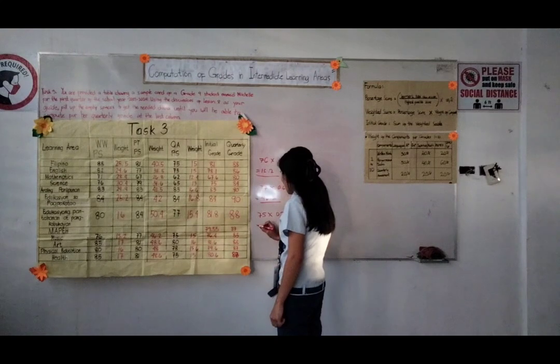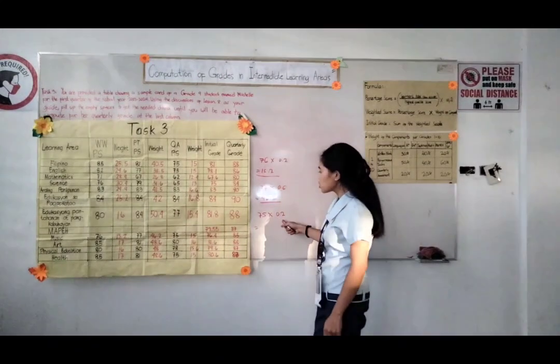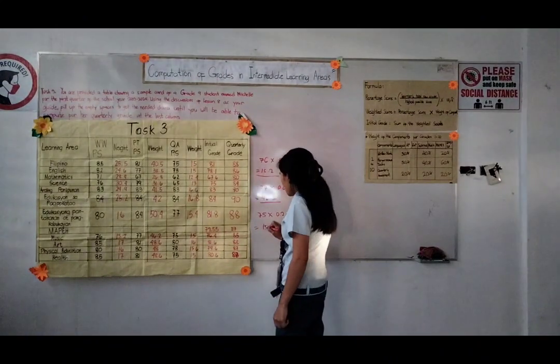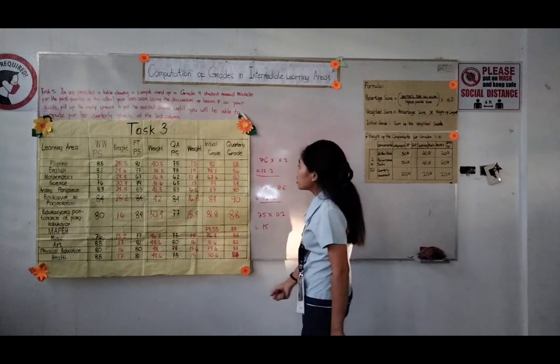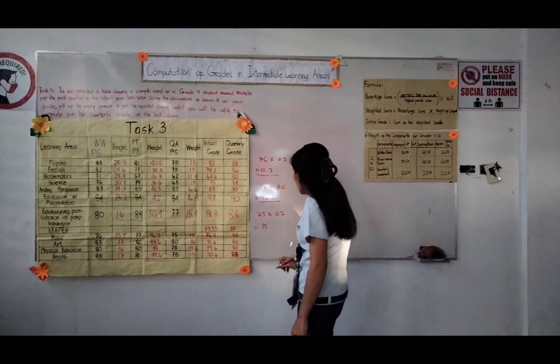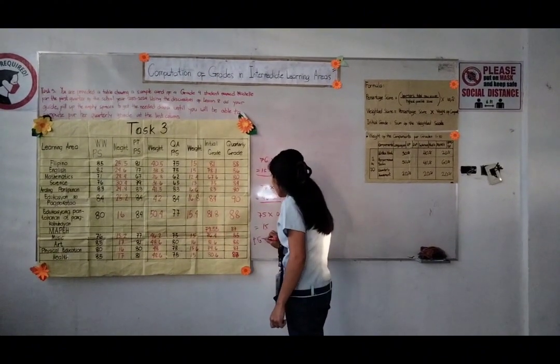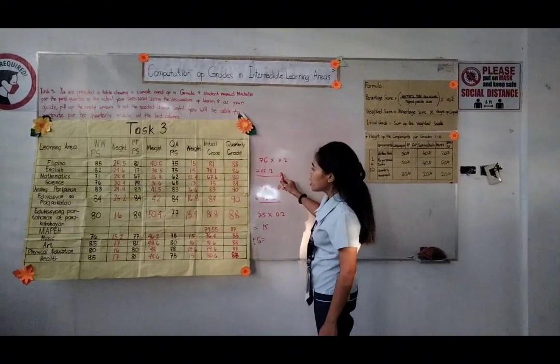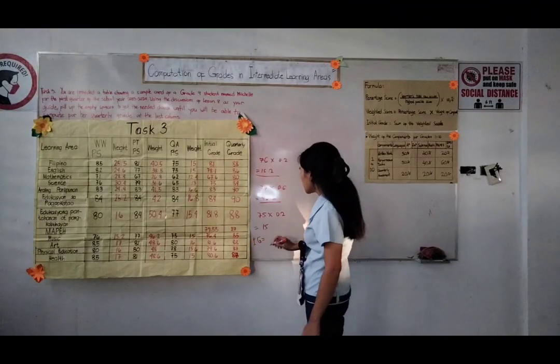Is 0.2. So 75 times 0.2 is equal to 15. Then to get the initial grade in music, we have to add the weighted score in music.